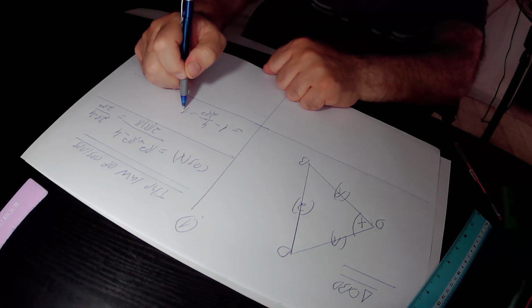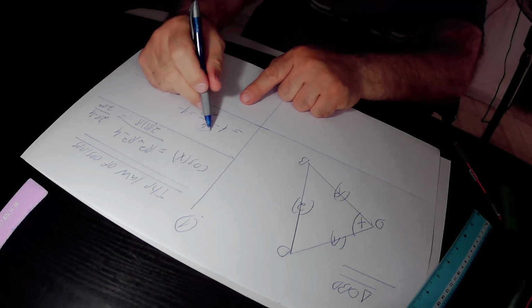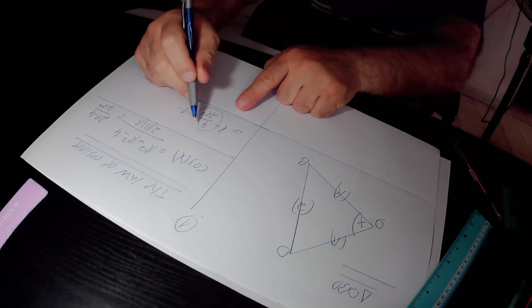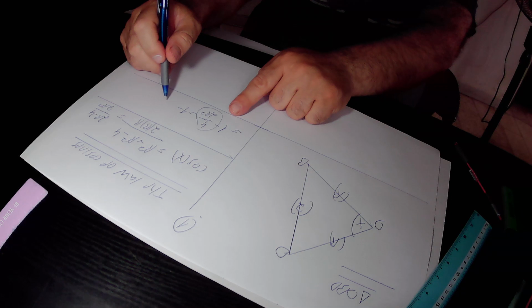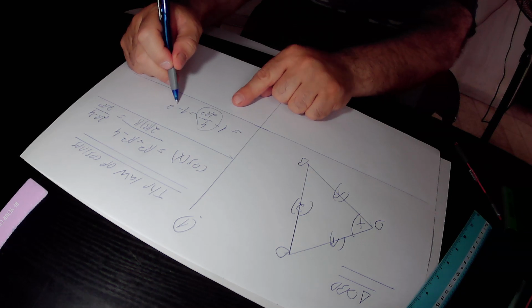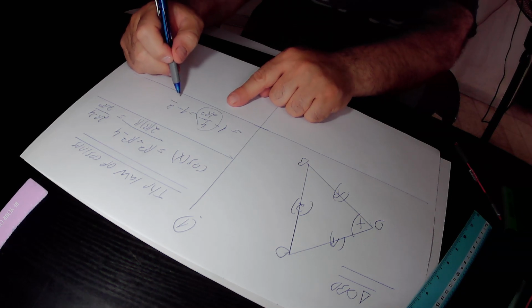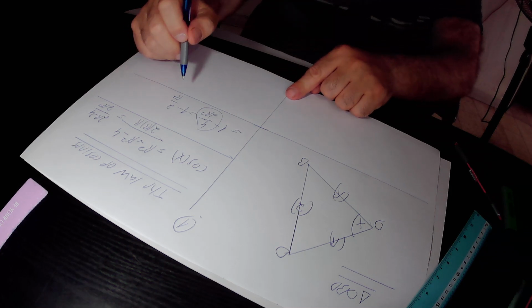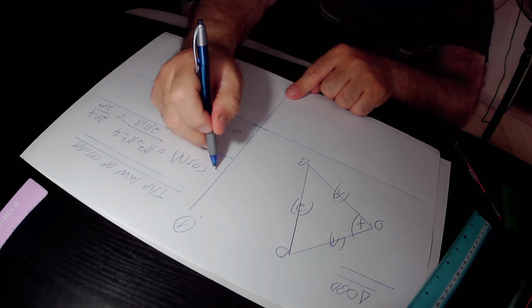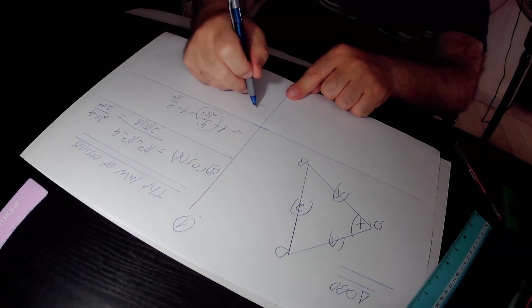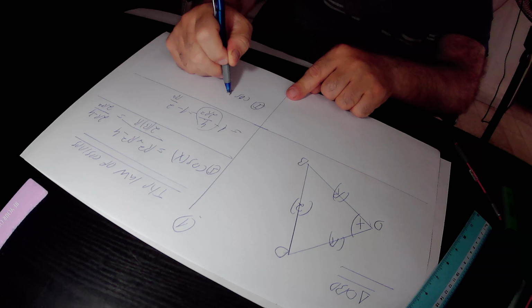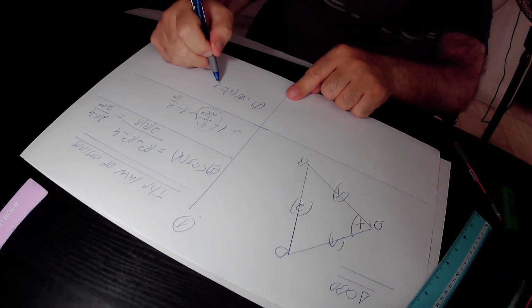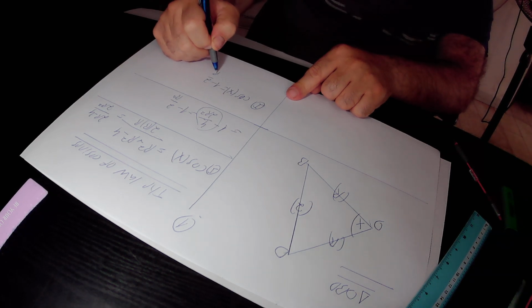Here we divide both the numerator and the denominator by 2, and we get that minus 4 over 2 is minus 2, and 2R squared over 2 is R squared. So this is equation 1. According to equation 1, cosine x equals 1 minus 2 over R squared.